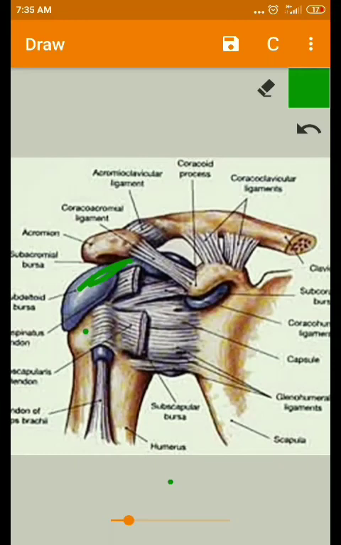So this is the place below the acromial process where the supraspinatus muscle is getting inserted. So it is reducing the friction between the humerus and the supraspinatus tendon and also the surrounding structures.